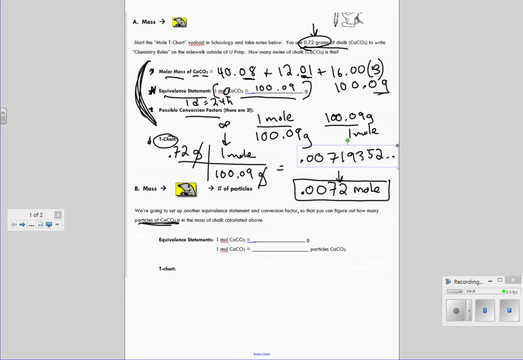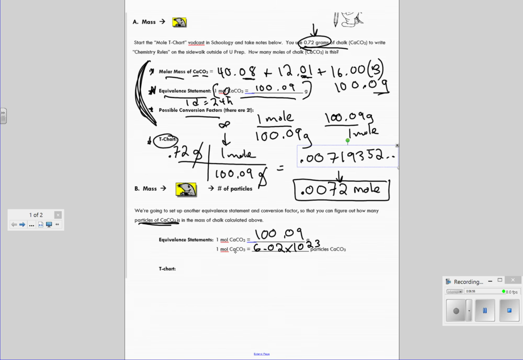So let's pop down here. We have 1 mole of calcium carbonate is how many grams? Well, we already figured that out up here. We know that 1 mole weighs 100.09 grams. 1 mole of anything is how many particles? 6.02 times 10 to the 23rd.